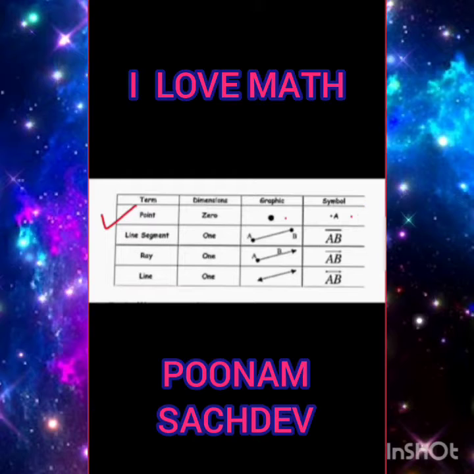Let's come to the second, that is line segment. My dear student, you already studied line segment. It must be defined in one dimension. The graphical representation is, as you can see on your screen, line segment AB. Got it? It has two endpoints.